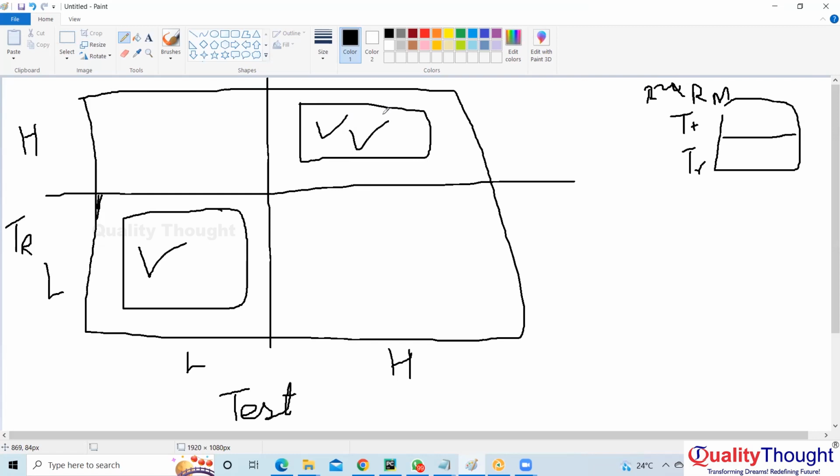But when things fall elsewhere, it means that your training is low but test is high, which is kind of doubtful. Generally we don't see that you perform low on training but very high in the test.